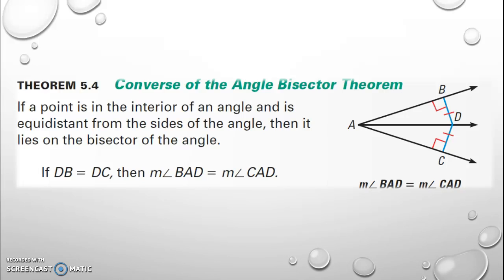Again, the converse says if those lengths are congruent, then we can assume that this is the angle bisector. So again, just given what information you have, you can draw a different conclusion.